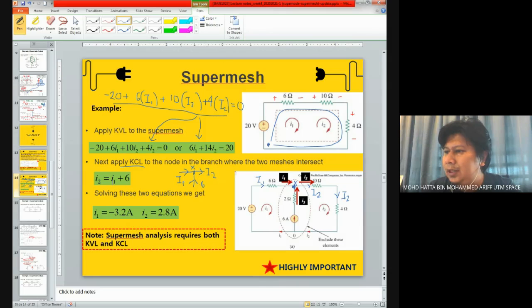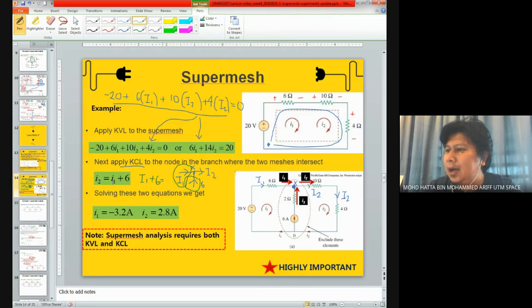So from this definition, I would say that the current coming in, or sum of I in, is I1 and also 6 ampere. This is the current coming in.